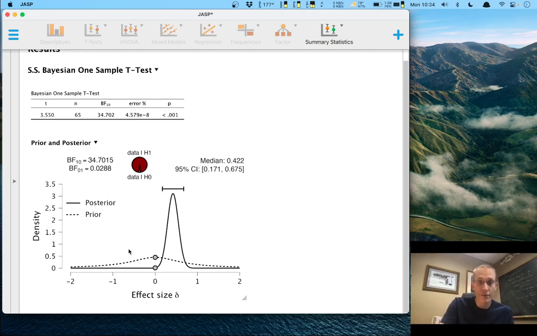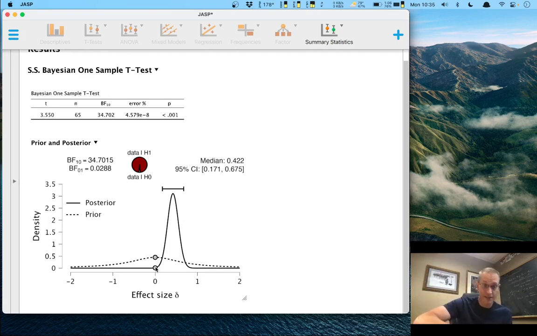Let's look at the prior versus the posterior. You see the dashed line looks almost like a normal distribution. This is actually a Cauchy distribution. We'll see how to move that around in just a second, but that's the Cauchy distribution. And then the posterior distribution is your solid line. What you'll notice particularly is that after seeing the data, our belief that the effect size is 0, that is the null hypothesis, goes from here to here.